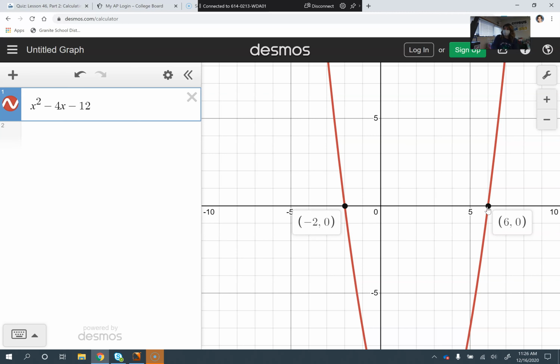Okay, so now when we write our excluded values, we got to do the opposite of what we see. So our excluded values are -2 and +6. So far, so good?